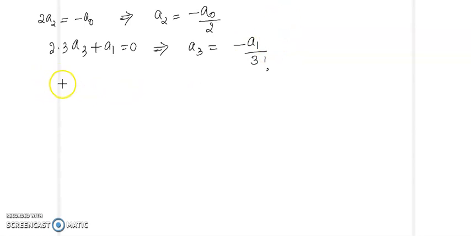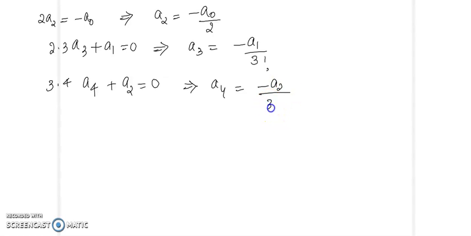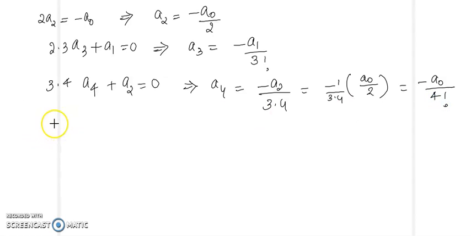Again 3 into 4 a4 plus a2 is equal to 0, so a4 will be minus a2 by 3 into 4, so that will be minus a0 by 2 into 1 by 3 into 4, that is a0 by 4 factorial.